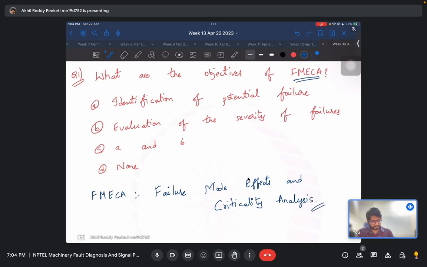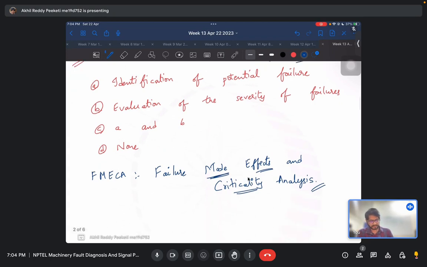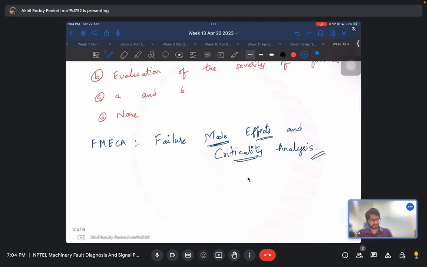As in the full form itself, you can see failure mode, effects and criticality, how severe they are and the mode of the failure. So the identification of the failure and how severe or critical it would be, all of this falls under failure mode, effects and criticality analysis.